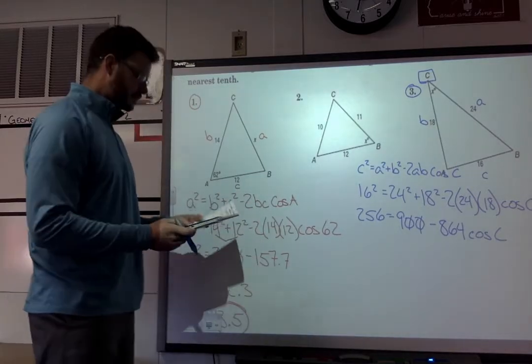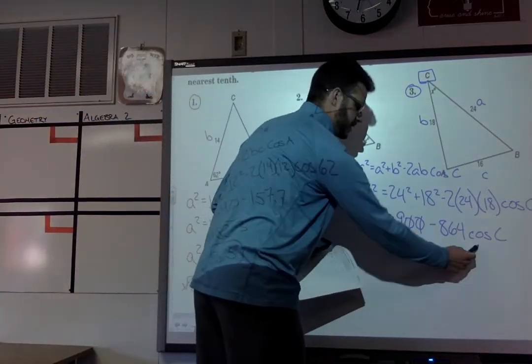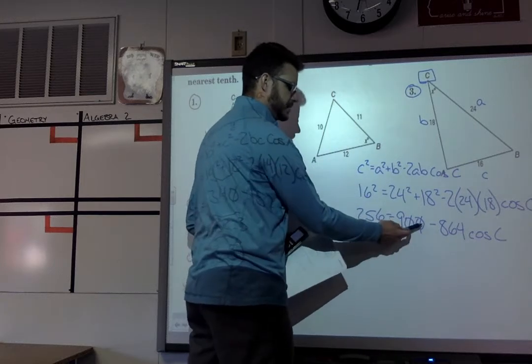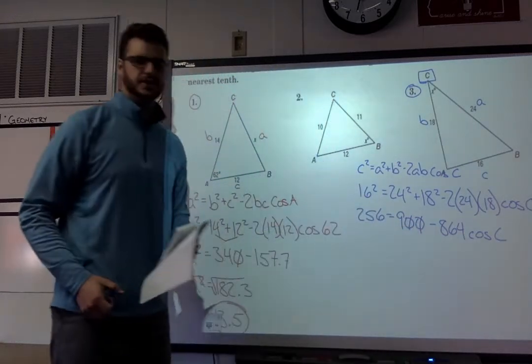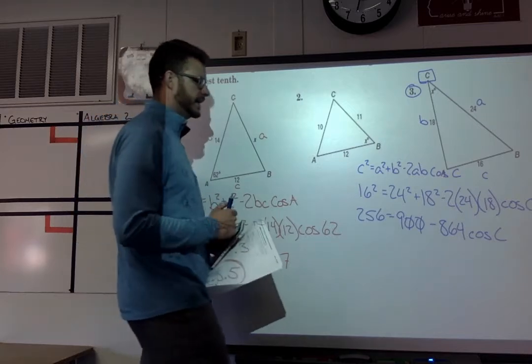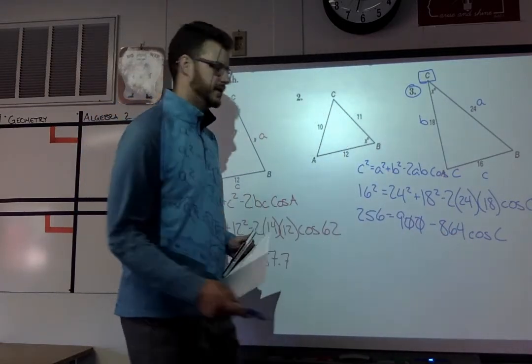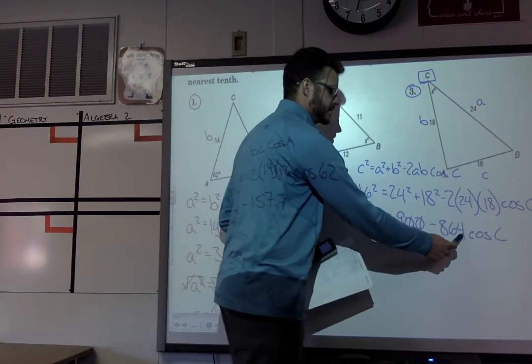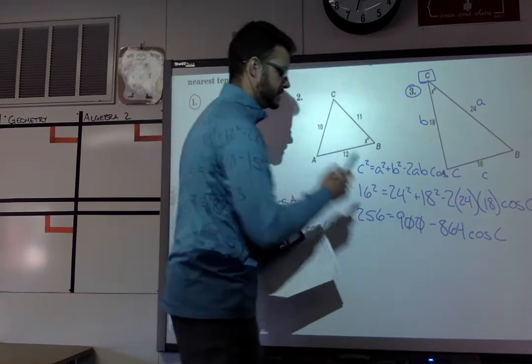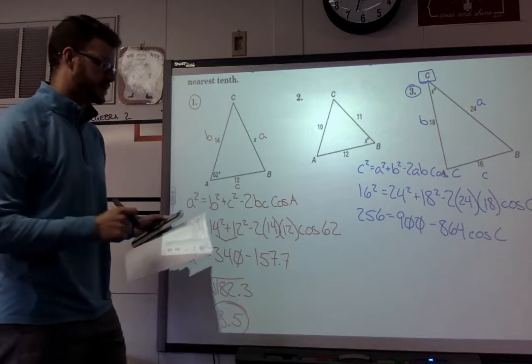So here I can't combine these two values. I can't do 900 minus 864 because those are not like terms. 864 has the cosine of C with it. That would be like having 864x, which means that we wouldn't be able to combine those terms.